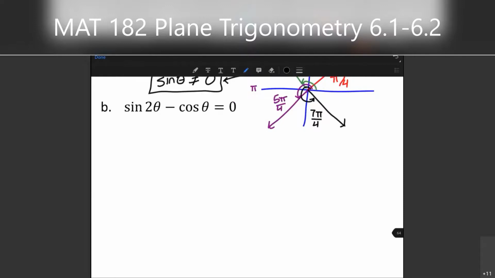If we think back to chapter 5, what's the representation that we would give sine 2 theta? For now, you can reference the identities page that has this as well, if you're working with that during your homework. How do we represent sine 2 theta?